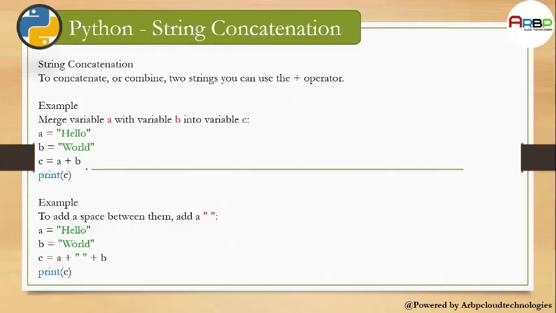And c will be a plus b. Print c. Here you can see ARBP Cloud Technologies is printed.